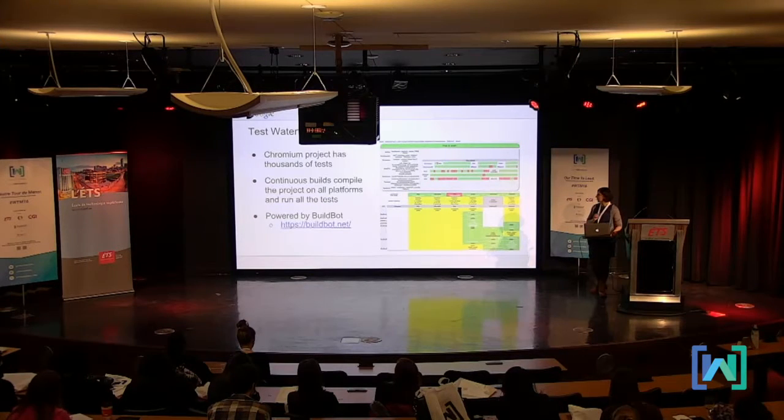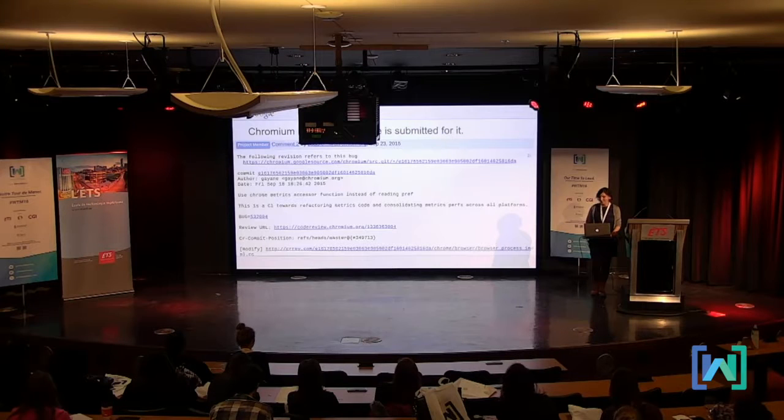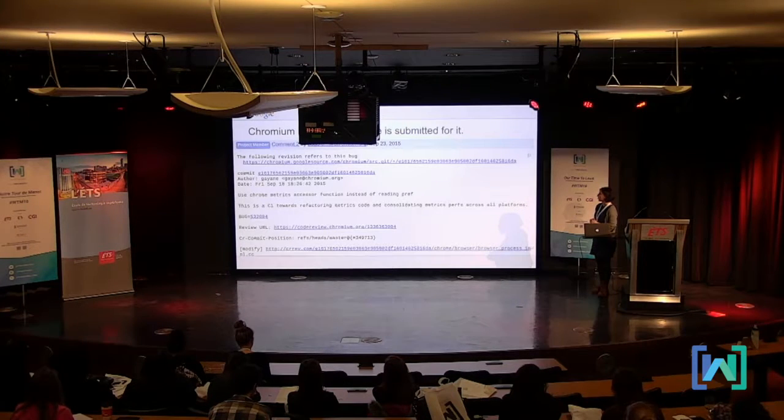So when everything is green, basically, your code is submitted. When your code gets submitted, you get something like this post-it on your bug, because you connected your change to a bug. Here you can see the description of your main change and the review URL, which has all the discussion of your change and all the modified files.